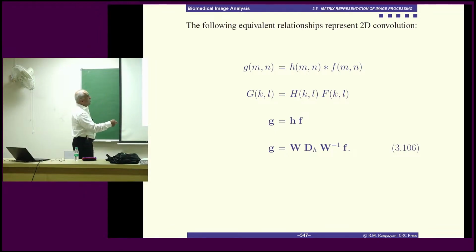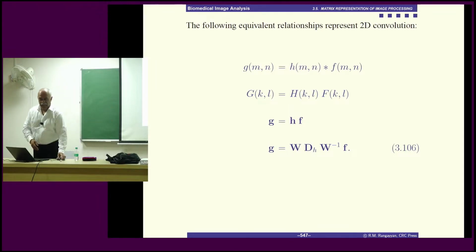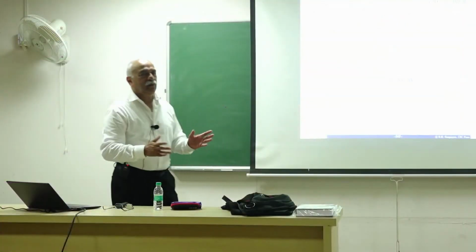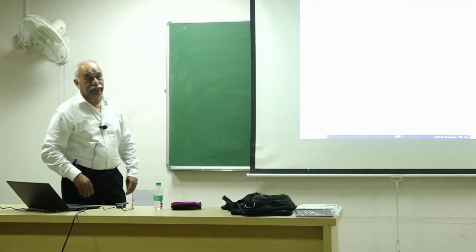In the Fourier transform, it is just multiplication of the coefficients of the Fourier transforms of H and F. G equals H F, or G is W D W inverse F. The same thing. So if you've seen the formulation in 1D, it's the same thing here by converting the image into a column vector or column matrix.